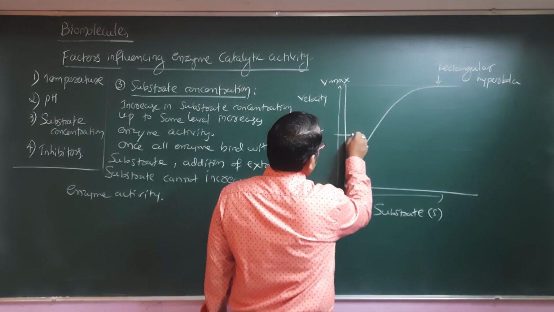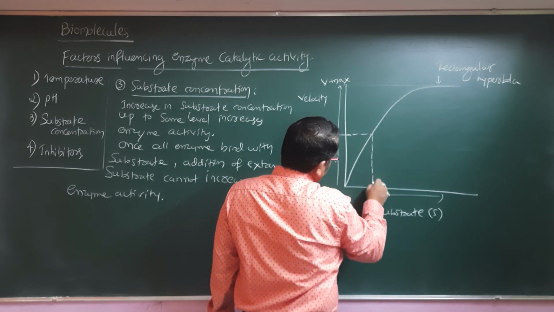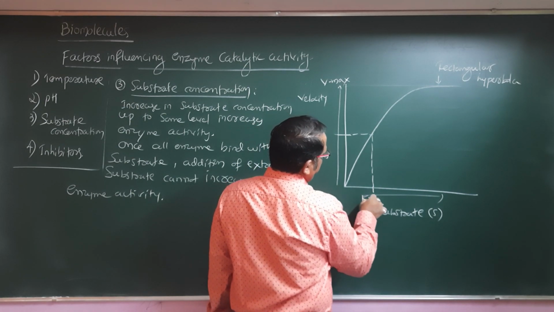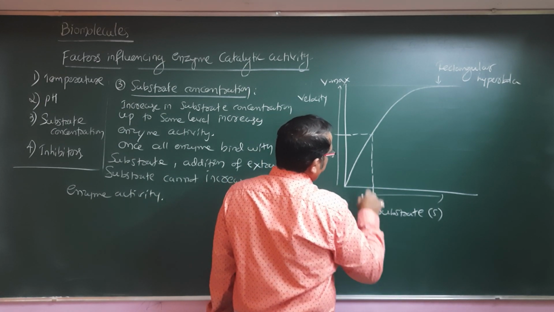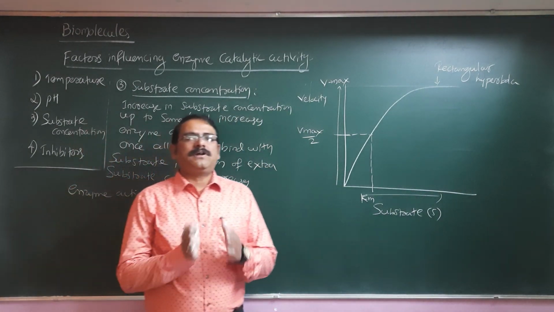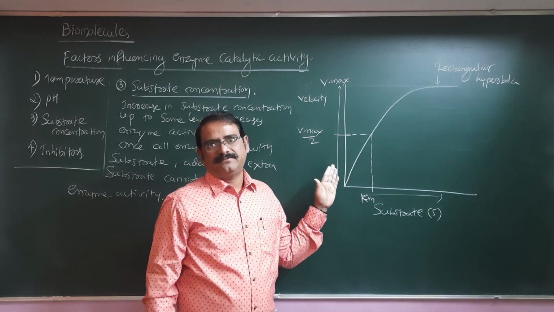It intercepts or cuts the curve here, and this value of substrate concentration is called the Km value. So the Km value is the amount of substrate concentration needed to attain half of the velocity.